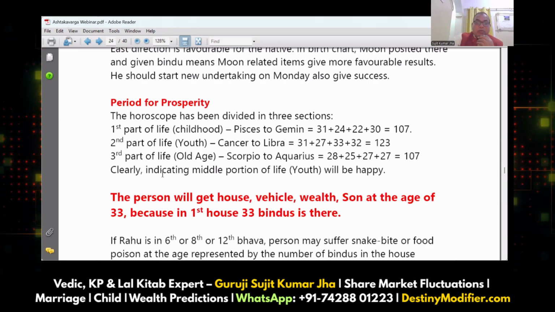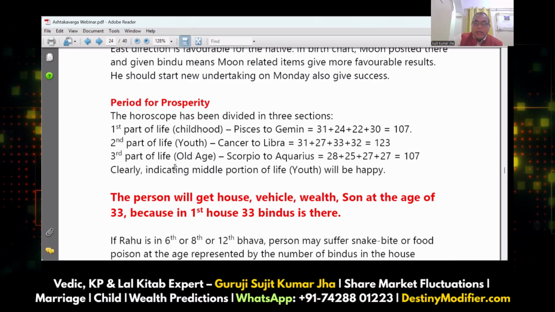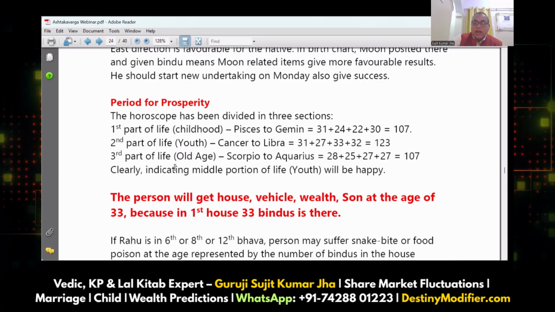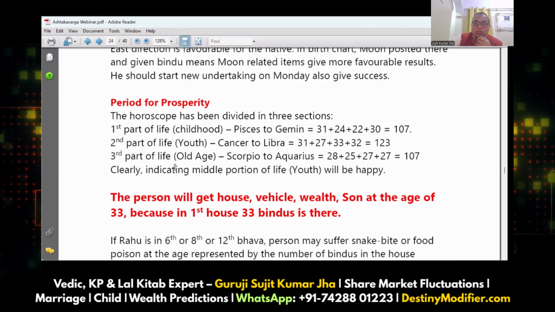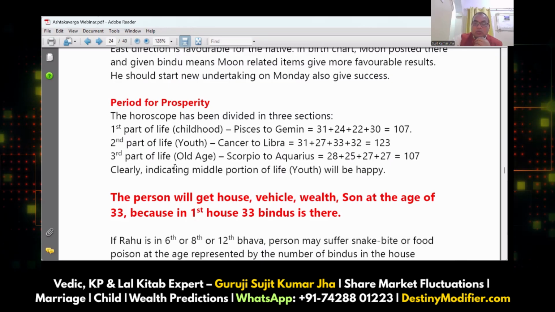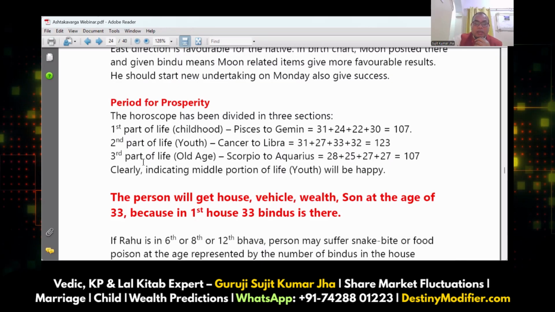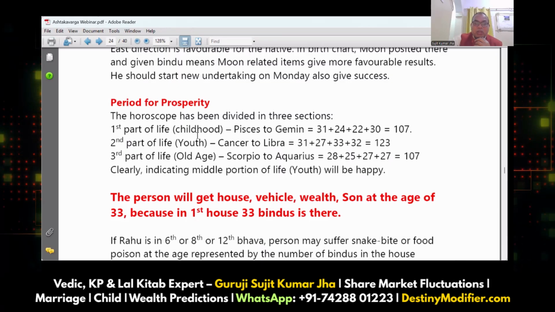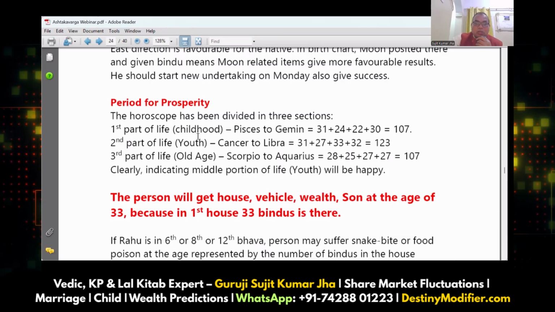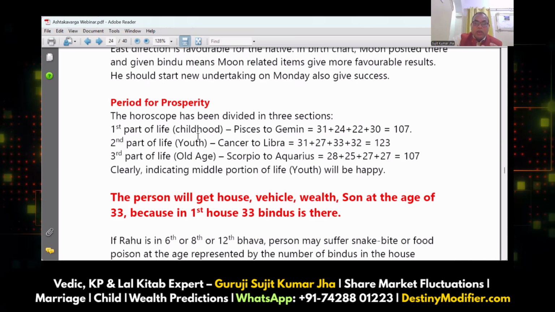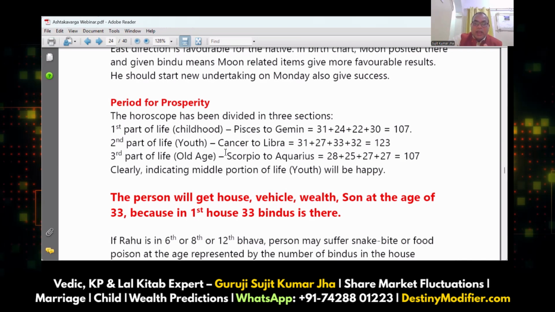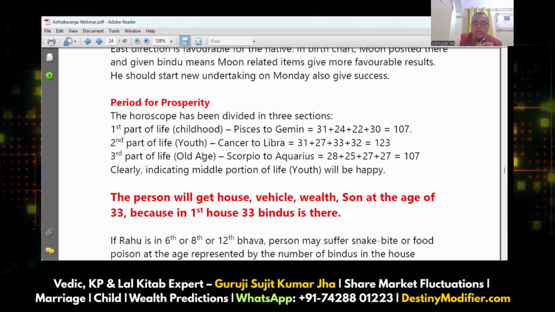Now, the period of prosperity in a day: suppose he has an interview, at which time should he go to attend it? We can find it; the daytime is divided into 3 parts. Same way, a person has childhood, youth, and old age.